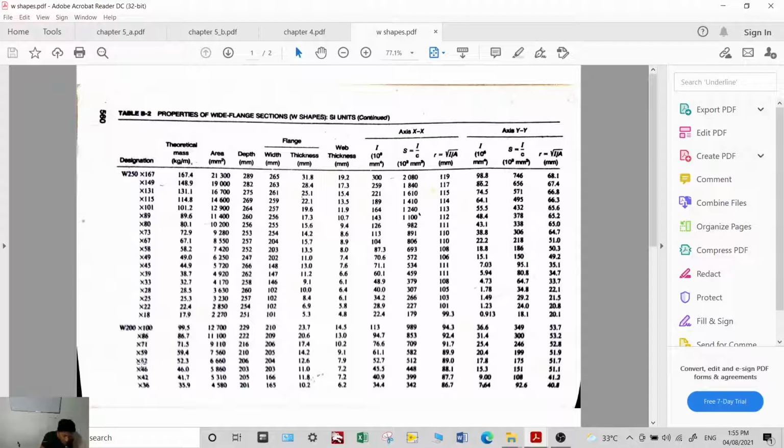Pwede na siya gamiton. But pangitaon pa ang lain configuration kay naa pa may lain diri nga W. Sample kani 534 pwede ni. W250 by 45, pwede pa naman siya gamiton kay 52 kg kani, 45 kg so mas gaan ni. Mas gaan ni ang modulus 534,000.